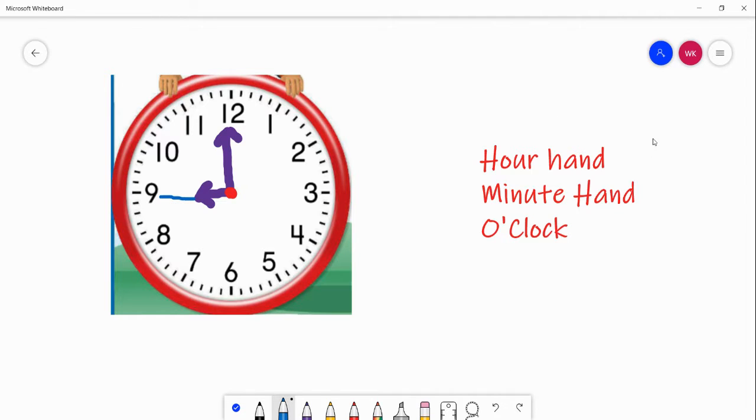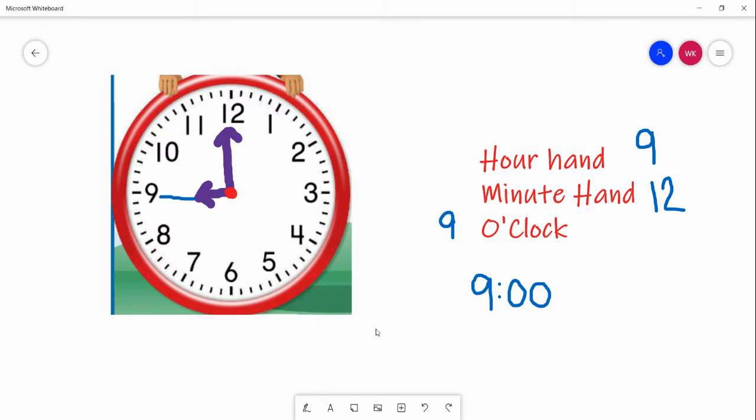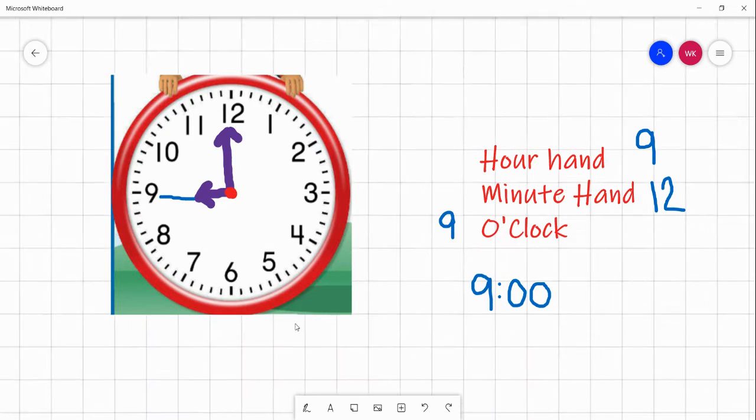So the hour hand is on the 9. The minute hand is on the 12, that means 0 minutes. So it is 9 o'clock. So 9 o'clock looks like this. We have a 9 for the hour, we have our colon, and then we have our 0 minutes, right?